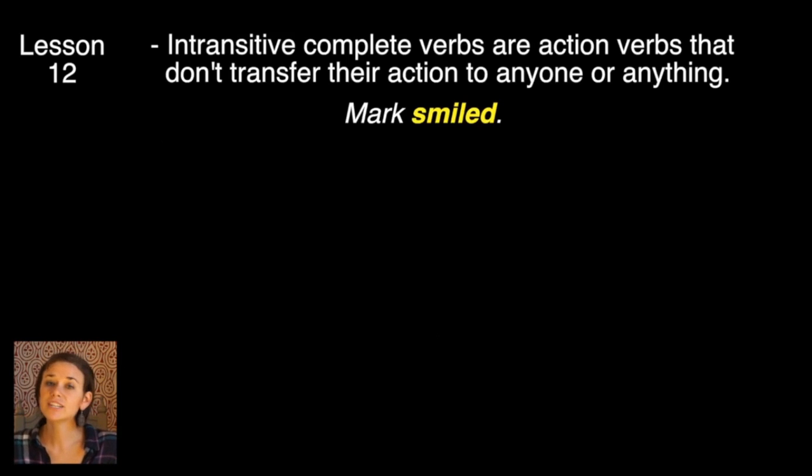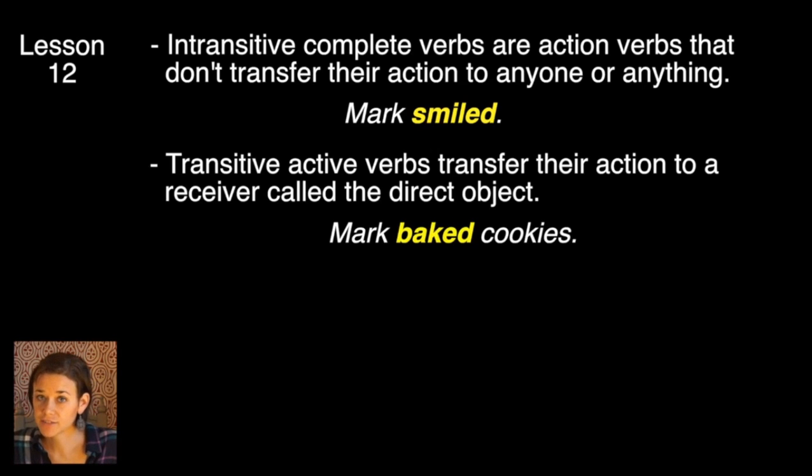In lesson 12, you learned about two types of verbs. You learned about intransitive complete verbs and that they are verbs that don't transfer their action to anyone or anything. You also learned about transitive active verbs and that they transfer their action to a receiver called the direct object.